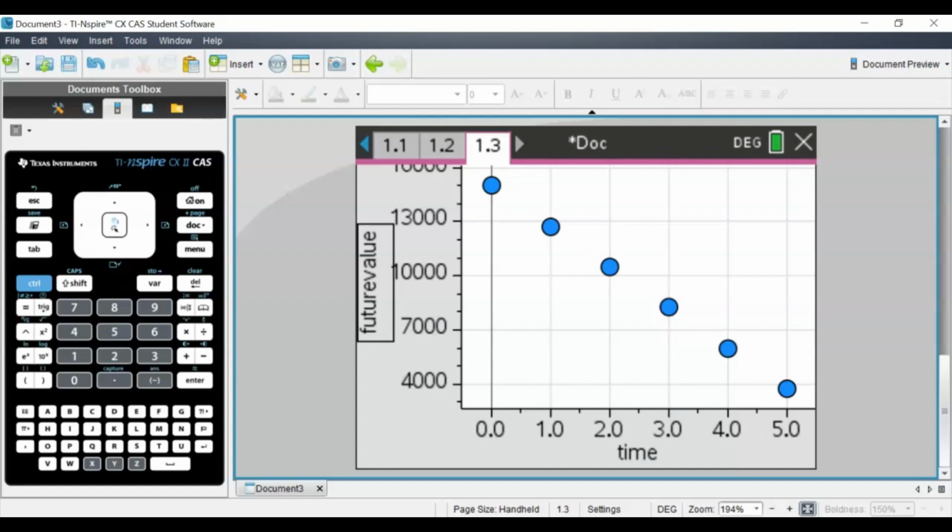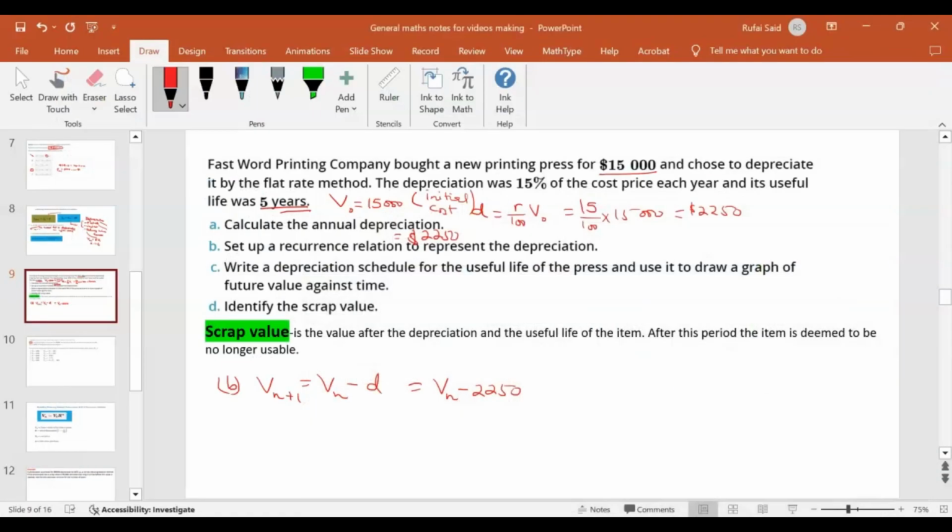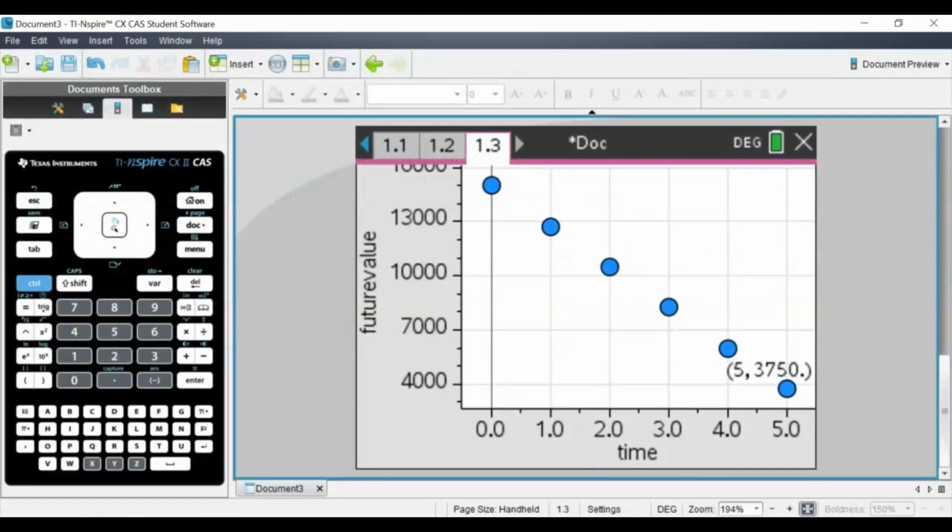The question was also asking us to find the scrap value. Scrap value is the value after a certain period of time. We were told its useful life was 5 years, so that will be the value of the printer after 5 years. Go back to your graph, put the cursor in there, and that's going to be 3,750.